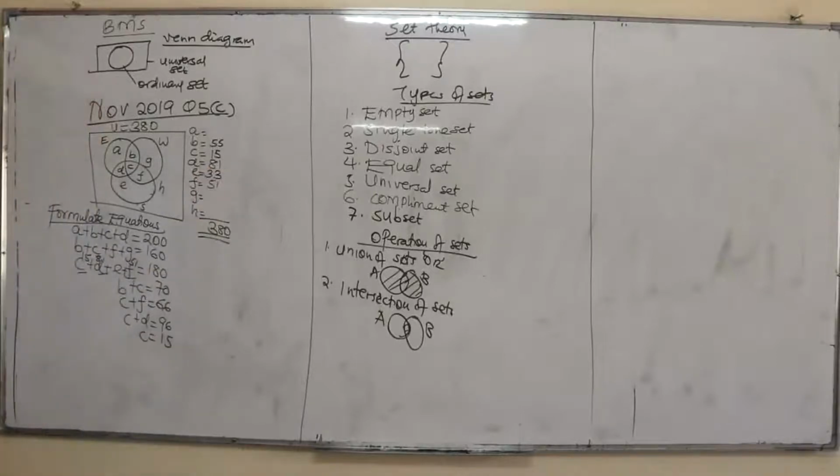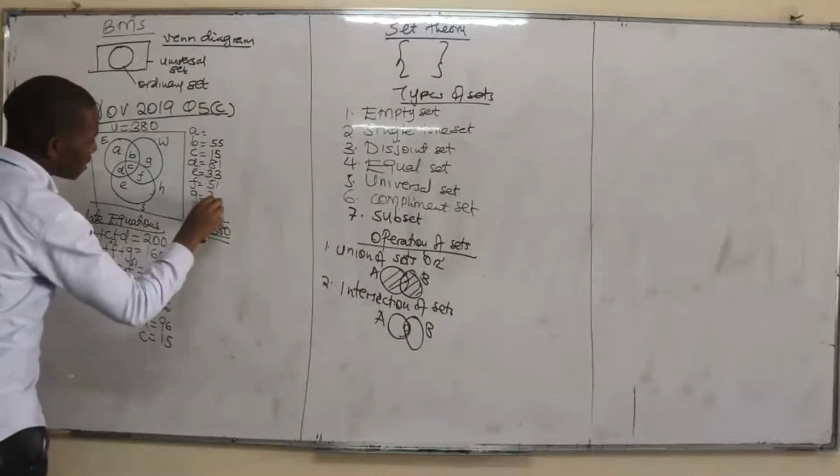Then we know B is 55, C is 15, and F is 51, meaning that we can get G. It will be 160 minus 55 minus 15, and also minus 51, which gives us 39.